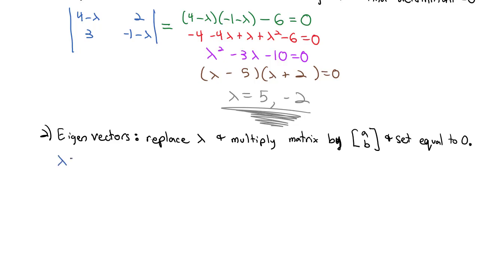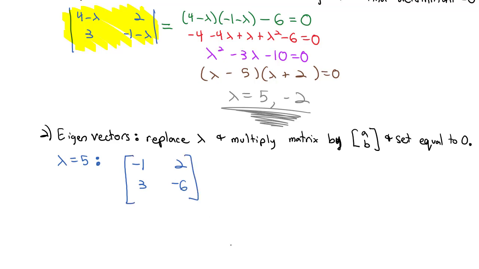So if lambda equals 5, I've got this matrix up above, 4 minus lambda, 2, 3, negative 1 minus lambda. And that's going to become, if lambda equals 5, 4 minus 5 is negative 1, 2, 3, and negative 1 minus 5 is negative 6.